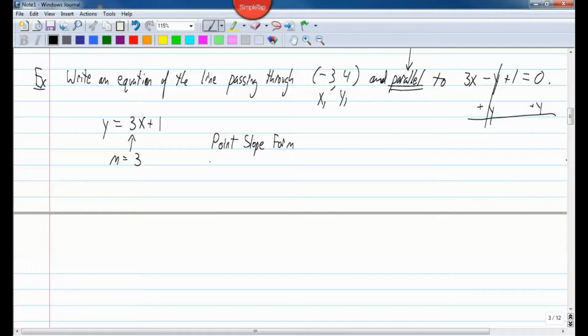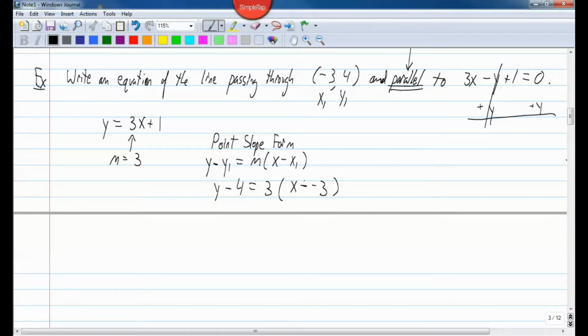Alright, remember that formula. y minus y sub 1 equals m times x minus x sub 1. So y minus y sub 1 is 4 equals m times x minus x sub 1 is negative 3.